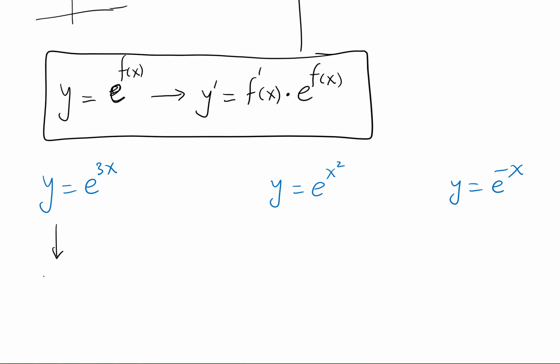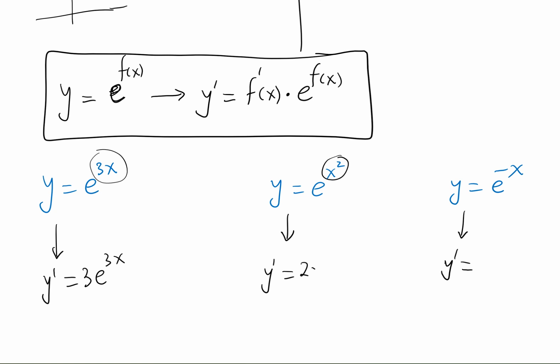Watch. Y prime is, the formula says you find the derivative of the exponent, which is 3, times itself. Try to find the derivative of this. Try to find the derivative of this. So this one is the derivative of the exponent, which is 2x, times itself. Derivative of this, negative 1 times itself.